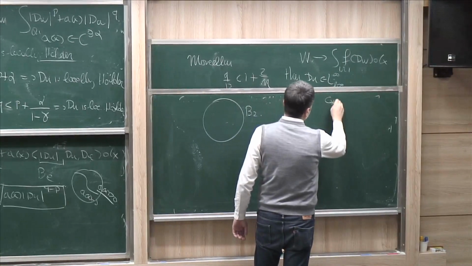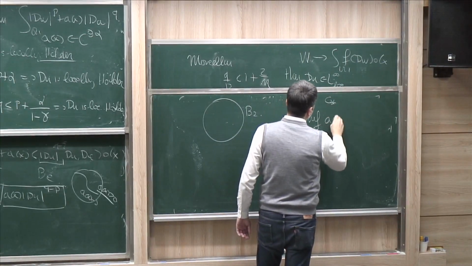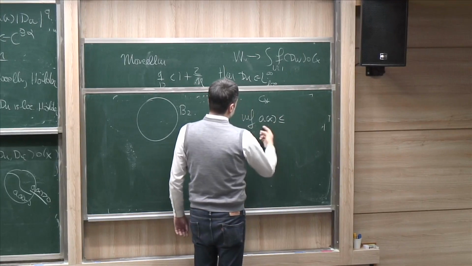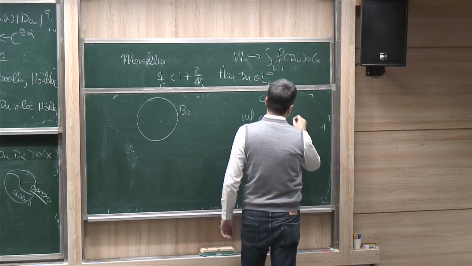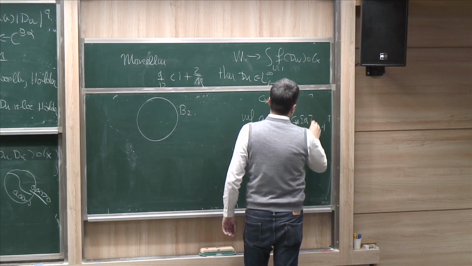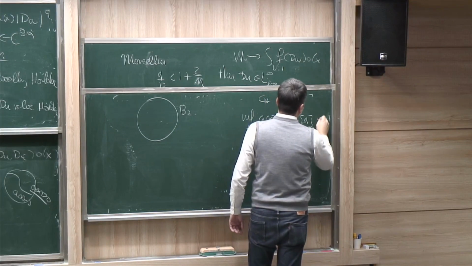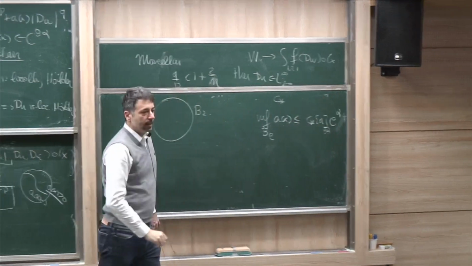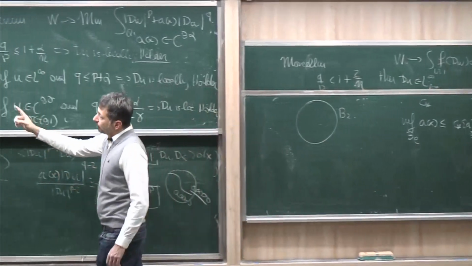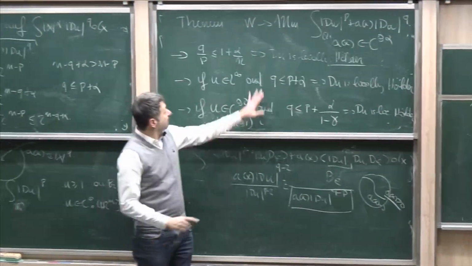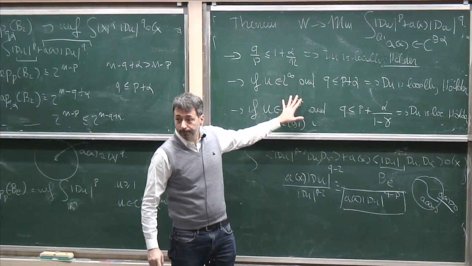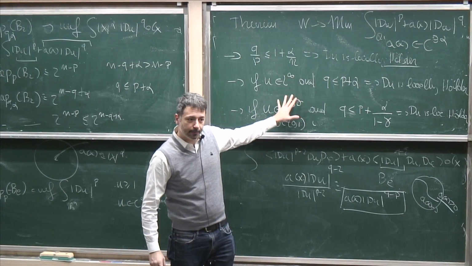There will be a universal constant such that if the inf over the ball of a(x) is less than or equal to this constant, the Hölder continuity r to the alpha, then you are exactly in this situation. And of course, one of these three bounds is happening.